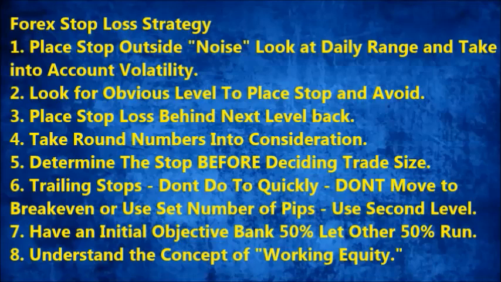So basically I'm stopping the institutions most of the time from coming through and taking my stop. They'll normally force it through 15, 20 pips or something like that, in my experience. So I want to be out of the way and again avoid getting hit in a stop cluster.